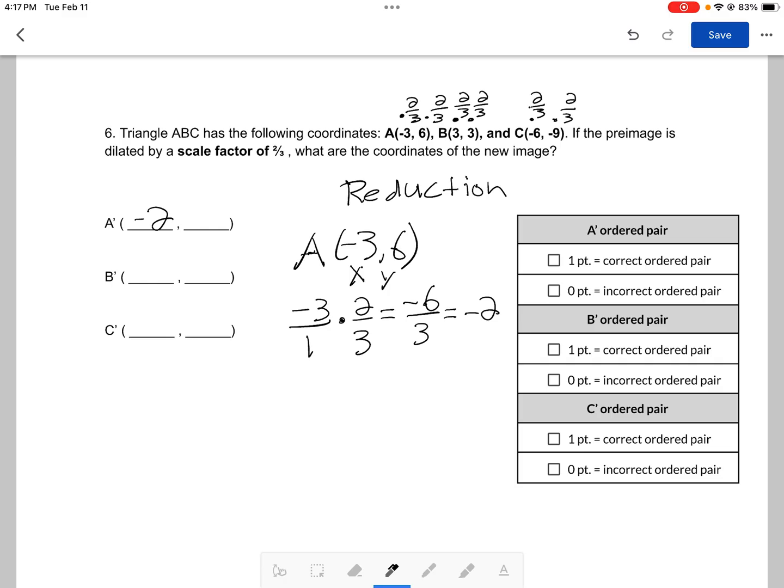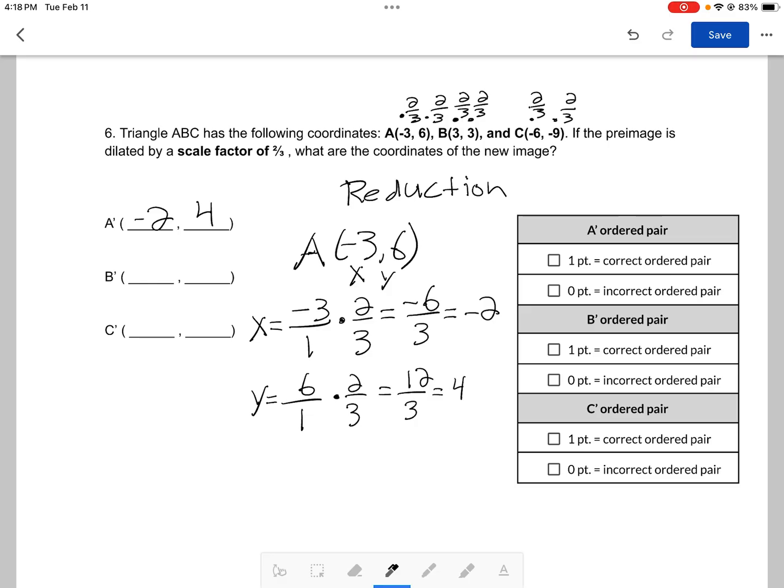I need to do it for both x and y. So then it would be 6 over 1 times 2 over 3. That would give me 12 over 3, which is 4. So my new coordinates would be negative 2, positive 4.